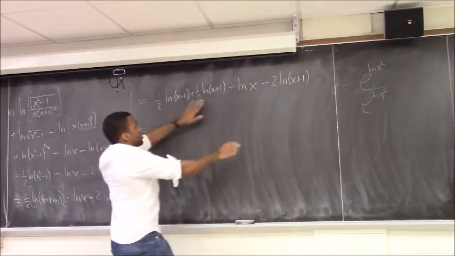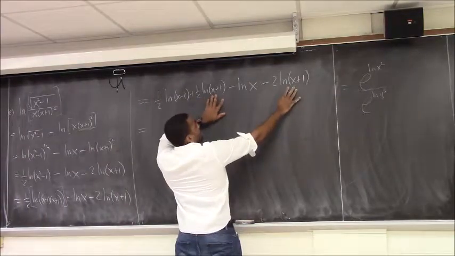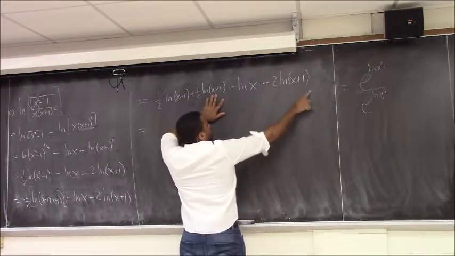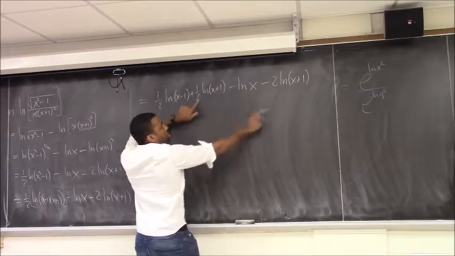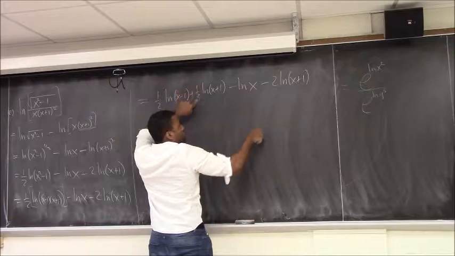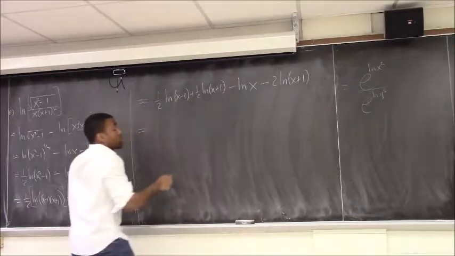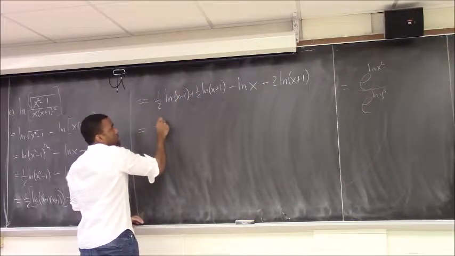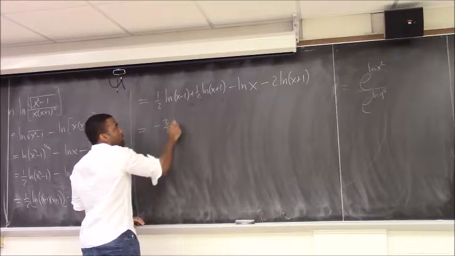Notice that these two guys are the same. It's an ln of x plus 1 and an ln of x plus 1. I can just combine them, right? Half an apple minus 2 apples. So it's 1 over 2 minus 4 over 2, which is actually minus 3 over 2.